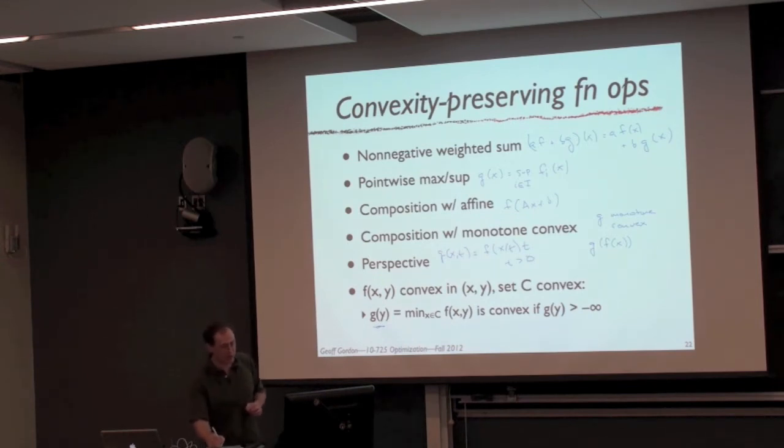If you take the epigraph of f, so epi f is equal to the set of (x, y, t) where t is bigger than or equal to f of x, y.